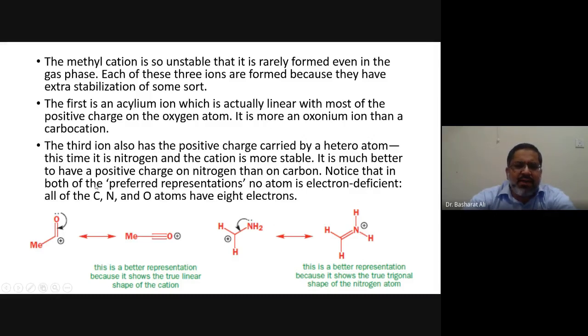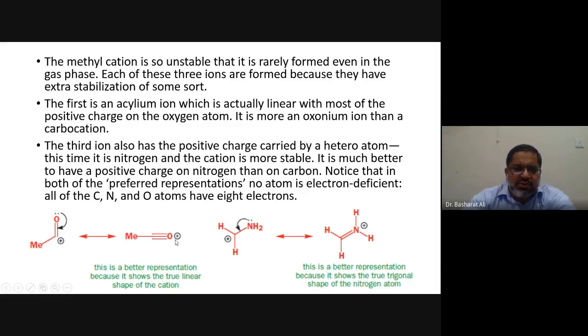It is much better to have a positive charge on nitrogen than on carbon because we know nitrogen has a lone pair of electrons and is more electronegative. Note that in both of the preferred representations, no atom is electron deficient. All of the carbon, nitrogen, and oxygen have 8 electrons.